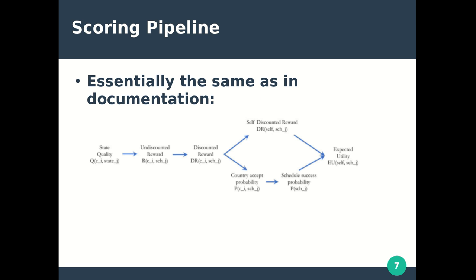Now my scoring pipeline is essentially the same as it is in the documentation.